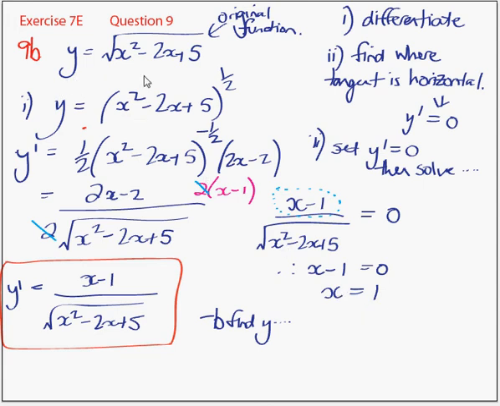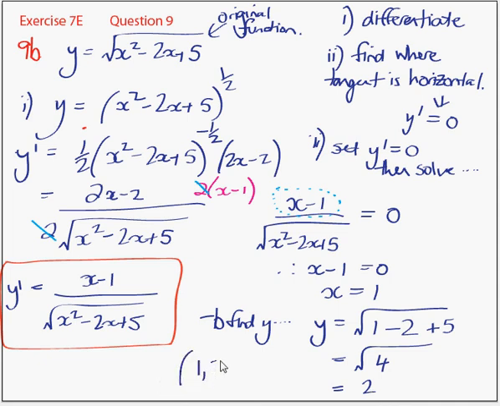So y will equal the square root of 1 squared minus 2 times 1 plus 5. This equals the square root of 1 minus 2 is minus 1, plus 5 is 4, equals 2. So the coordinate is 1, 2. That's my x piece and my y piece put together in a coordinate. This is where the tangent is horizontal.